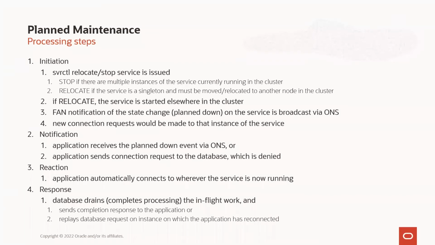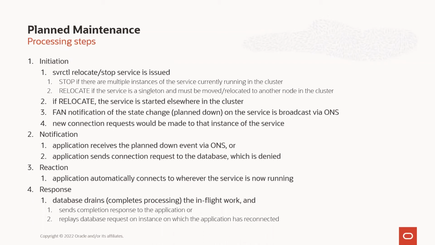If you haven't done that, that's fine too, because what we'll end up doing is routinely configuring your application to send a connection request every time it wants to do some work. And when it sends the connection request, the database will say, go elsewhere. In other words, go to wherever the service is running somewhere else on the cluster, and we'll be good. We'll talk a bit more about that and how to configure it.